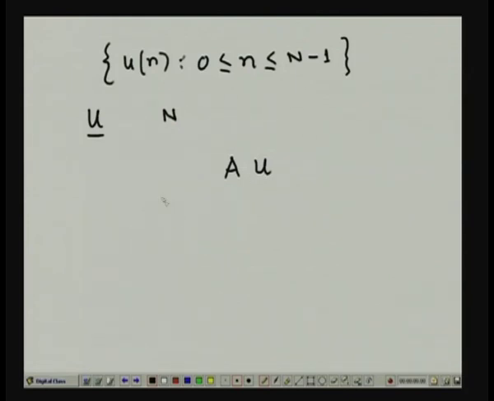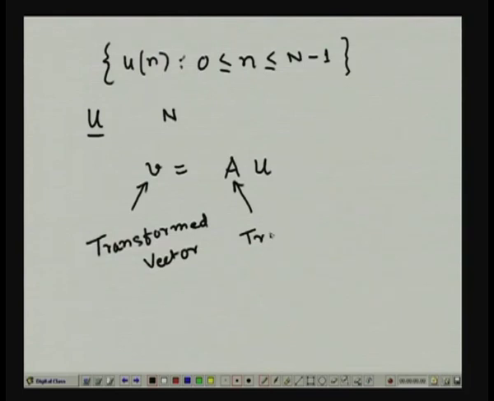This multiplication results in another vector v. This vector v we call the transformed vector, and this unitary matrix A is called the transformation matrix.